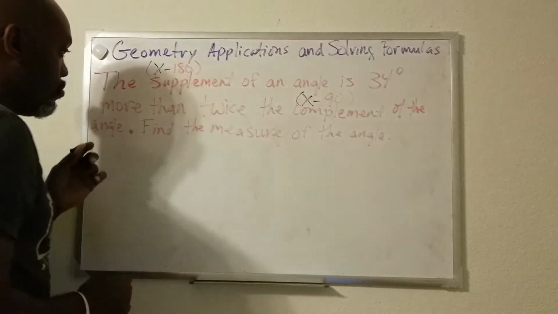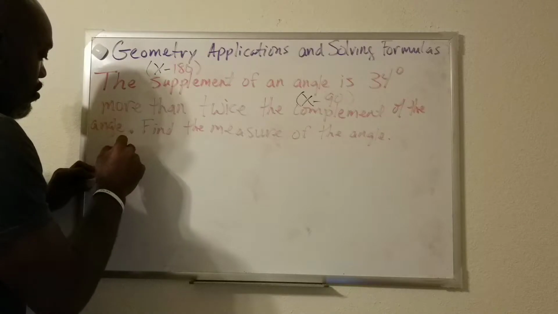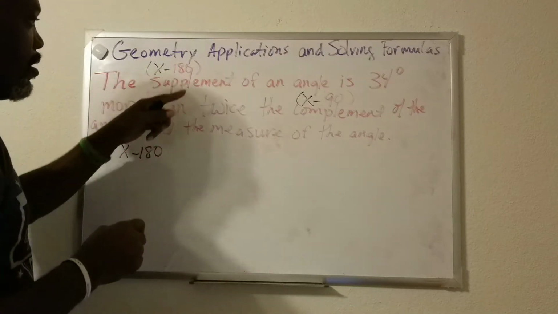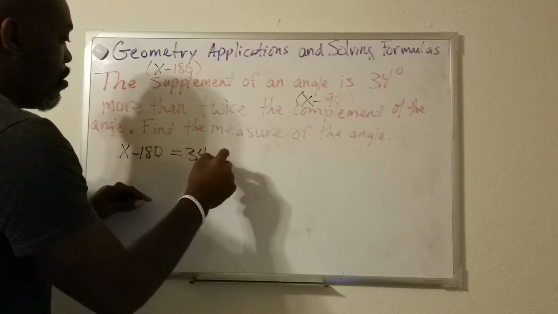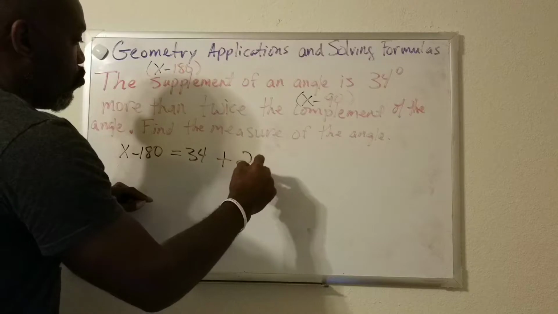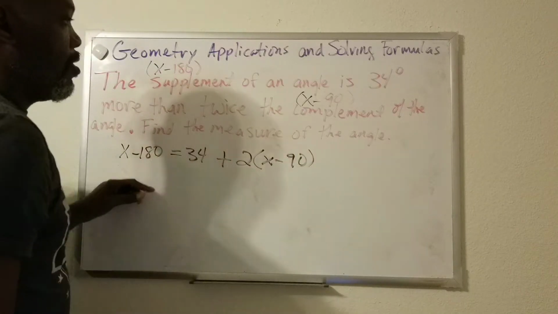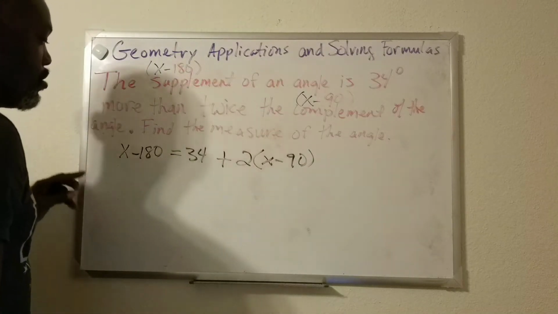Same thing holds true to the complement. So the supplement is x minus 180. The supplement of an angle is 34 more than twice the complement of the angle. So here's your equation.